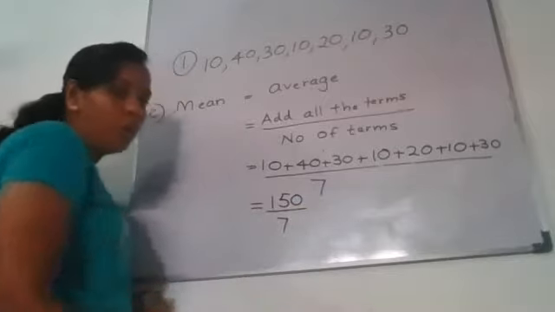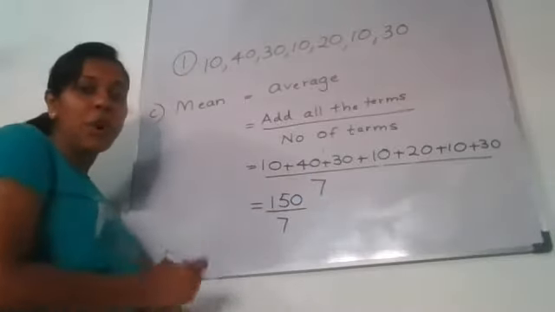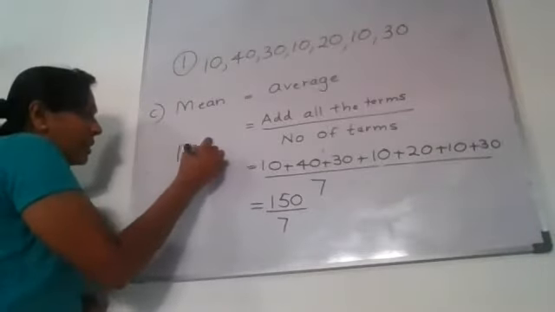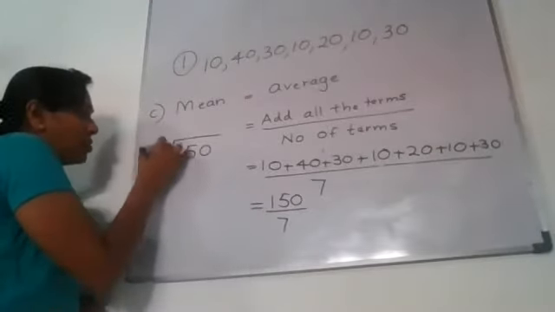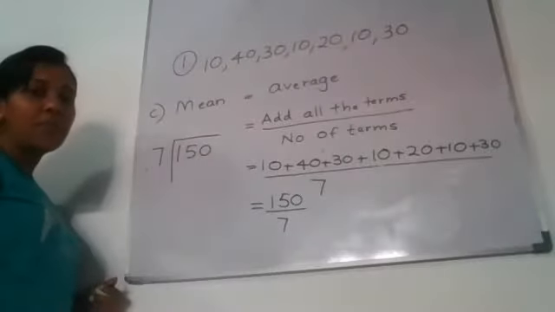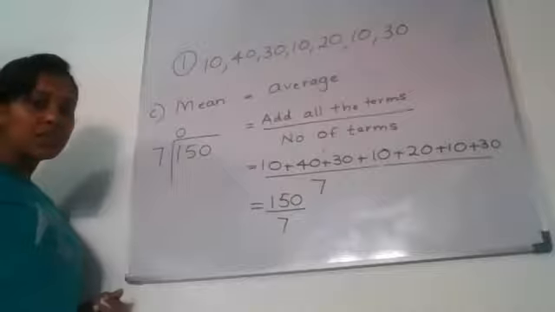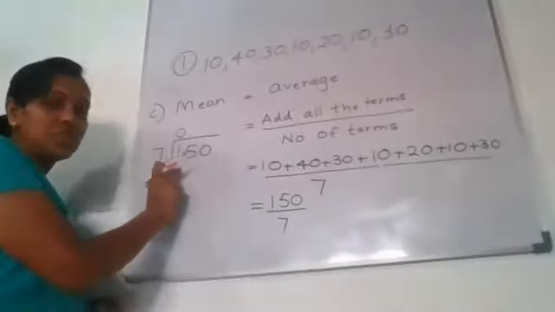So if you want, you can write it as an improper fraction. But you can simplify this and get the value. Now I'm going to divide 150 by 7. Inside 1, I don't have any 7s. So I'm taking the first 2 digits.